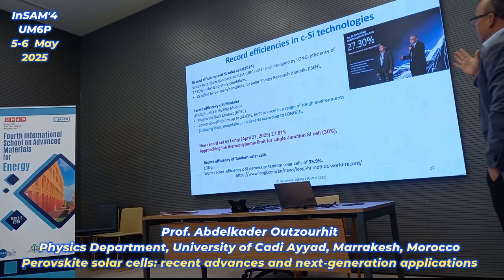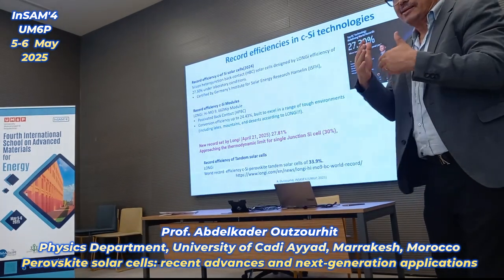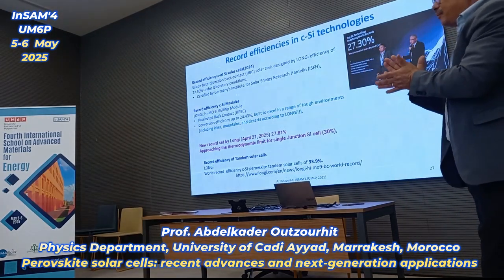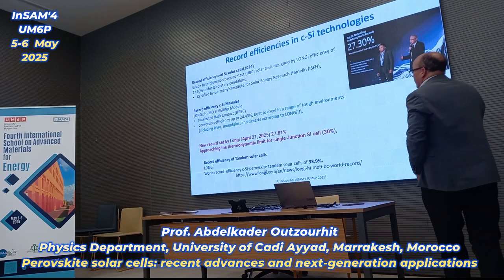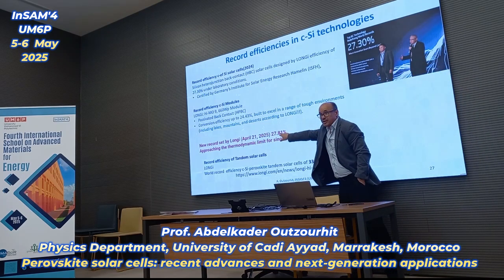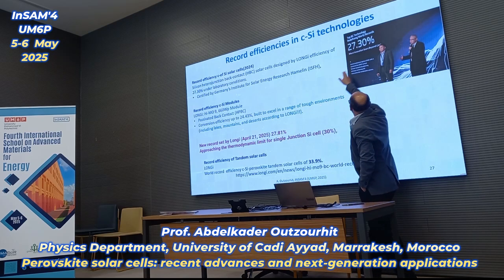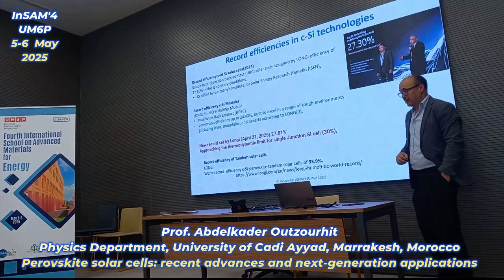That's why all the innovations are still done in what we call the passivation of the solar cell. And just in April, I checked their news. In April, they enhanced this to 27.1%.